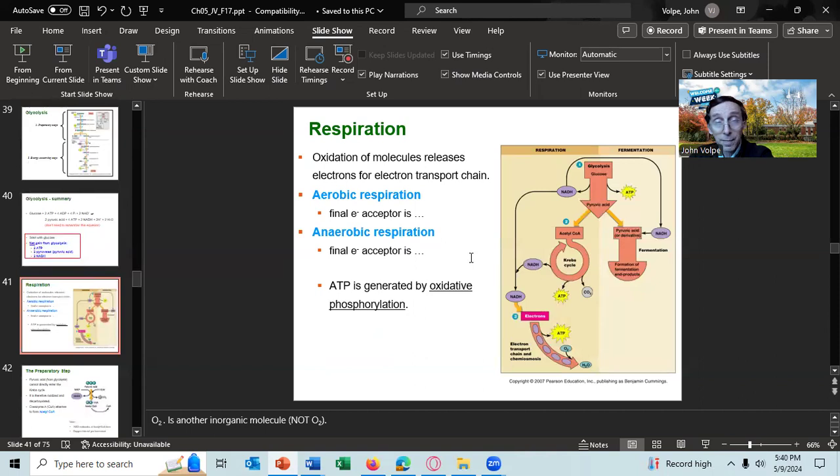It could be a nitrogen compound like nitrite or nitrate, or it could be a sulfur compound. It just depends on what form of anaerobic respiration we're talking about. The important part is ATP is generated by oxidative phosphorylation.